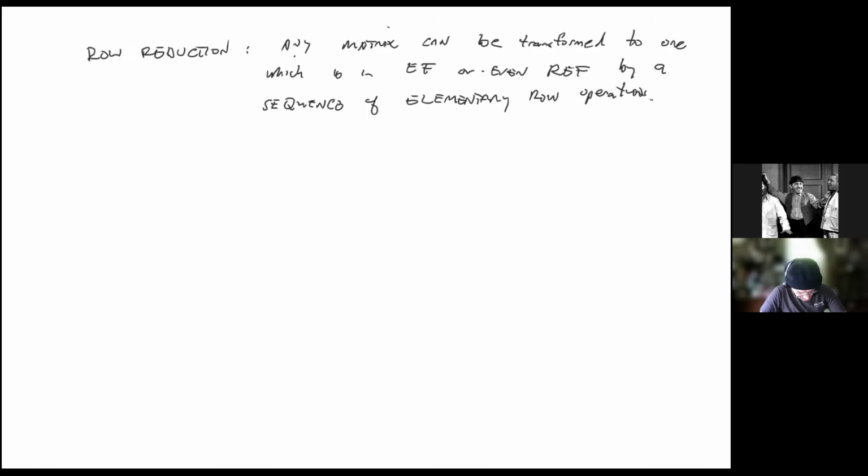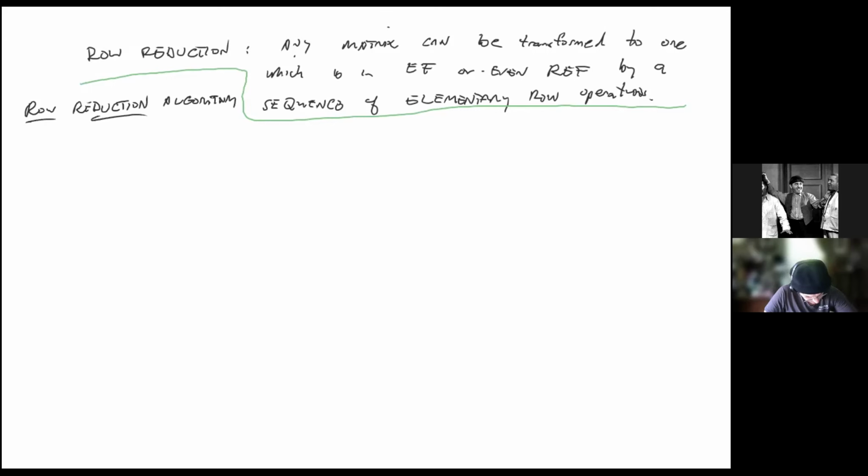So here's the row reduction algorithm. It's kind of clunky to state, but it becomes clear when you implement it. Let me state the clunky statements. So here are the steps in the process. Step one, let's find the leftmost non-zero column.